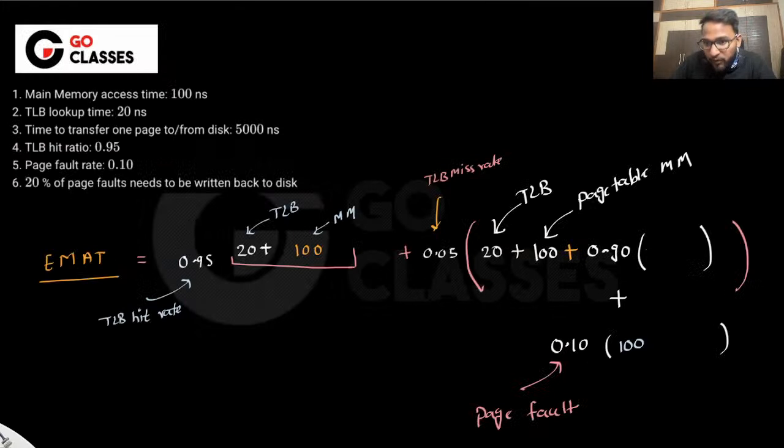In case of page fault also you have just gone to the main memory, because that's how you found out there is a page fault. Either way, page fault or no page fault, you get the physical address and then you will definitely go to the main memory one time.